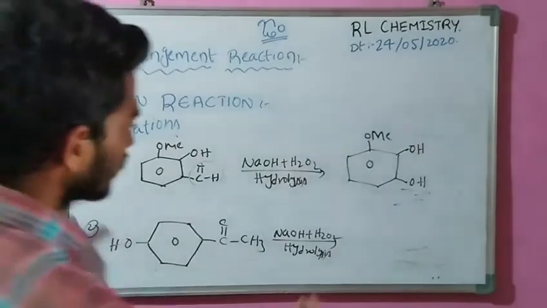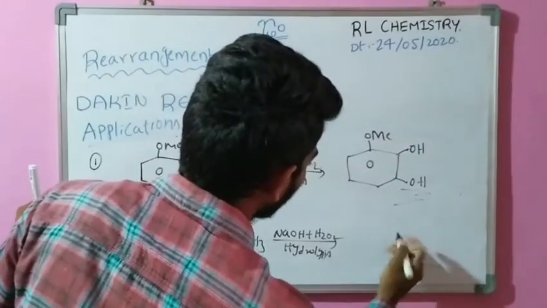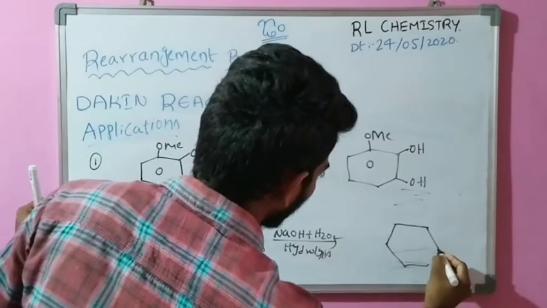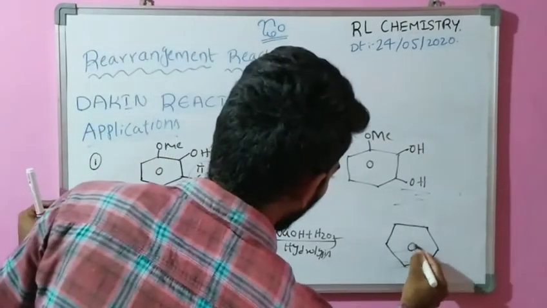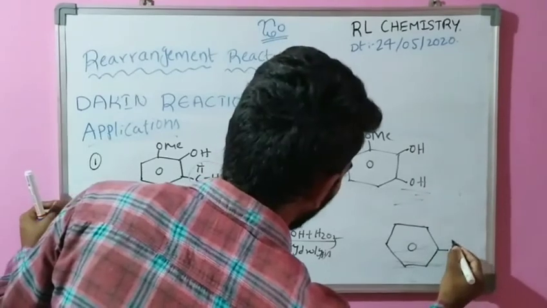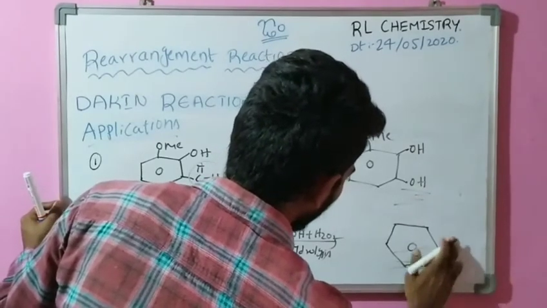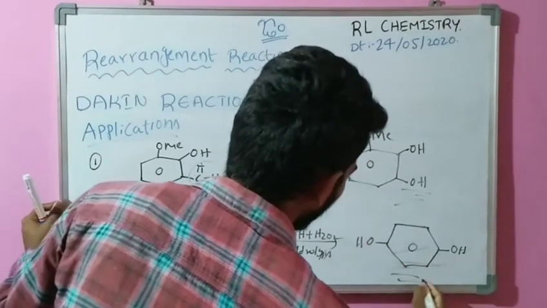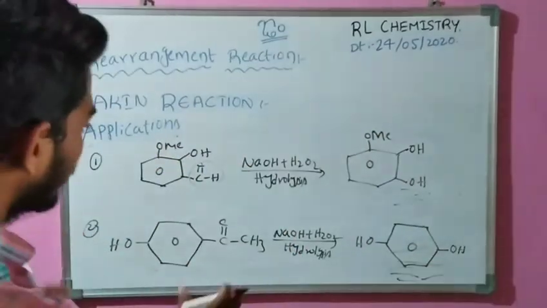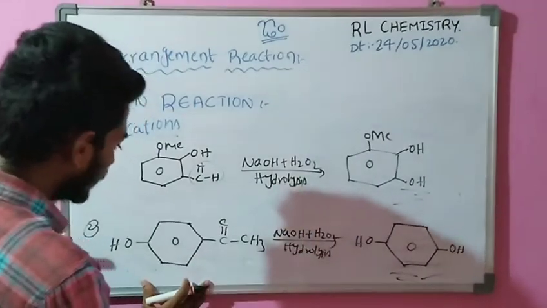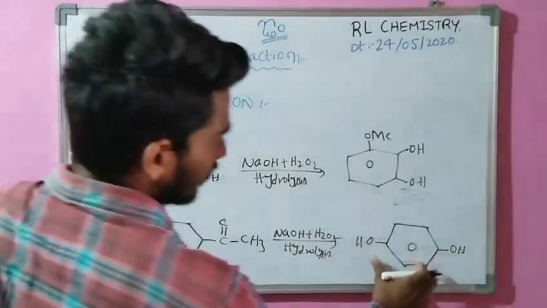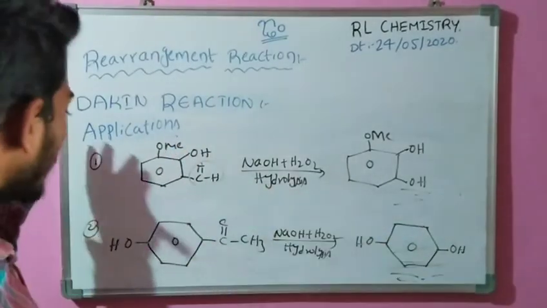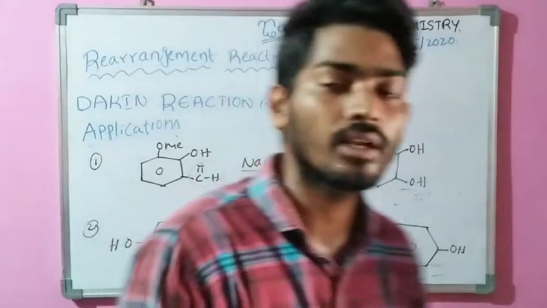Then it forms this type of product, with OH and OH. This is our required product. Here the functional group, the aldehyde group, is converted into a hydroxyl group. This is the Dakin rearrangement reaction. These are the applications of the Dakin rearrangement reaction.